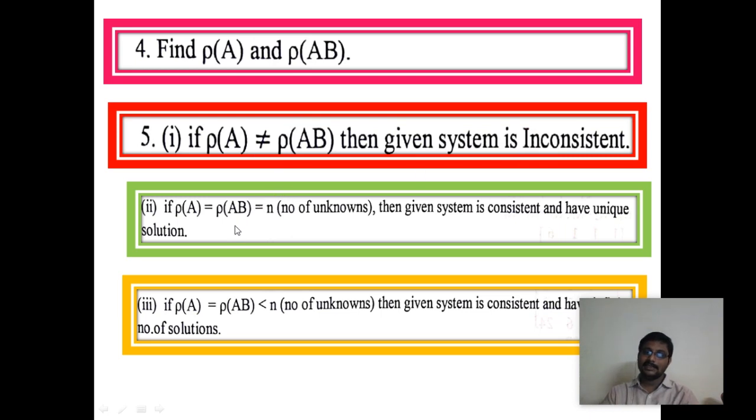If the rank of A is equal to the rank of AB, which is equal to the number of unknowns, then the system is consistent and has a unique solution. If the rank of A is equal to the rank of AB, which is less than the number of unknowns, then the system is also consistent, but has infinitely many solutions.